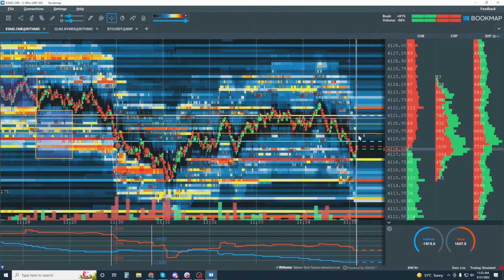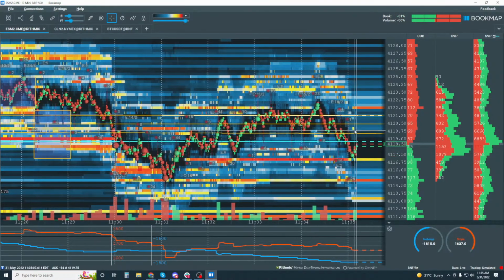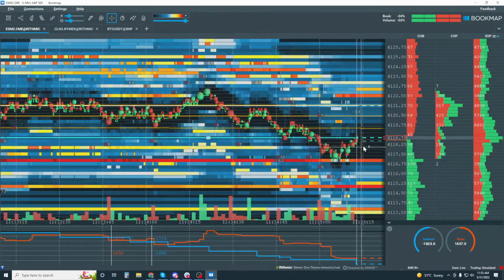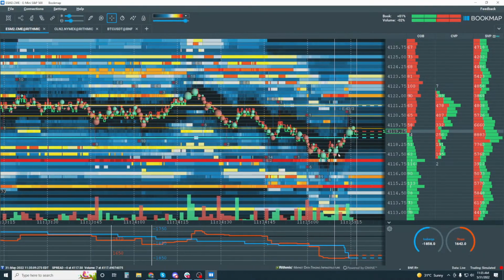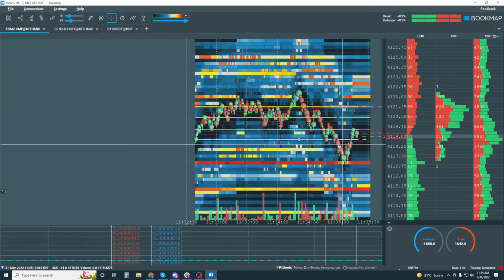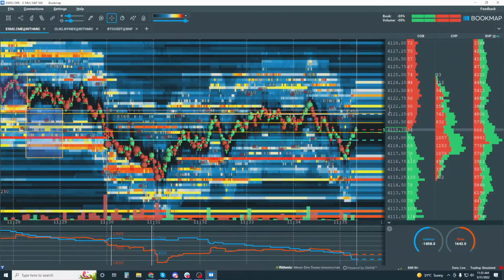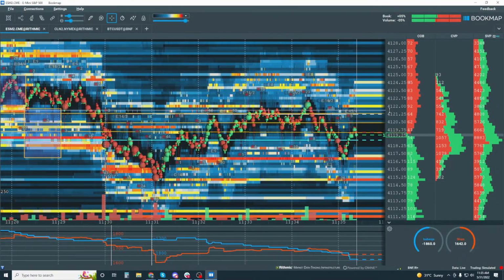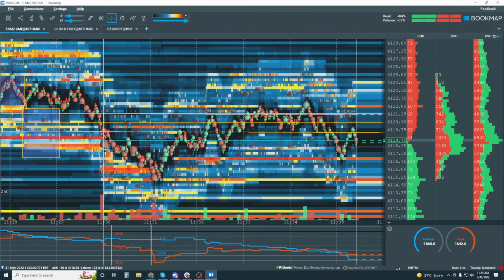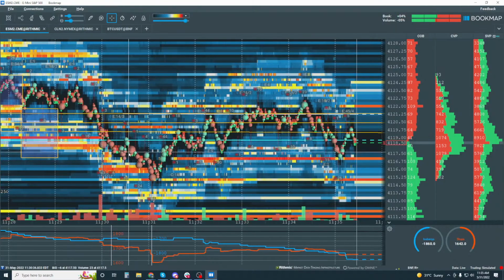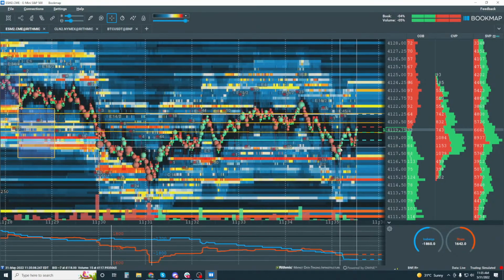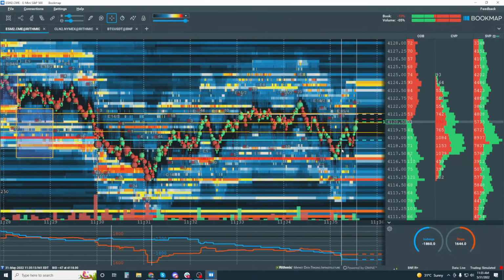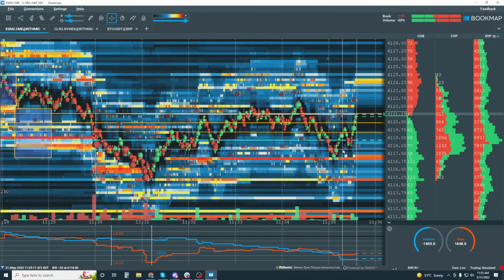So yeah, because of today, I would get out of that little add-in here. Okay, stop at break even at this point. I would have still been in both legs here, so I still have two positions on. I added in basically, and then stop at break even.